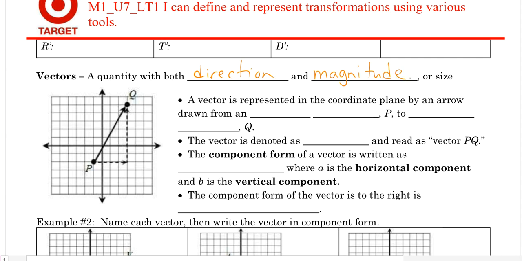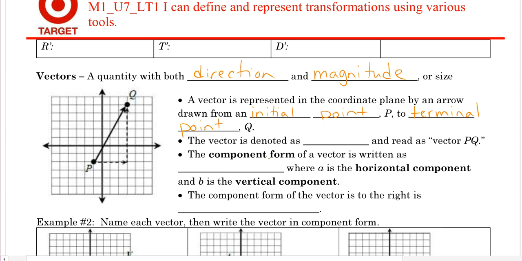So a vector is represented in the coordinate plane by an arrow drawn from an initial point, which we'll refer to as P in our diagram to the left, and then to a terminal point, which in our diagram is referred to as Q.